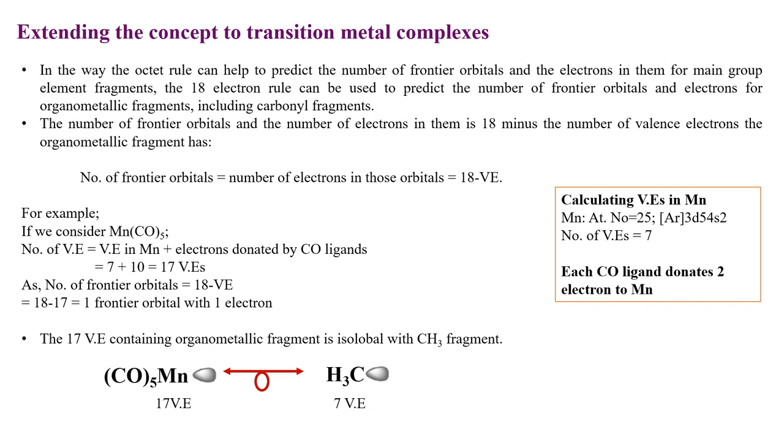So as I told you before, following this equation, the number of frontier orbitals will be 18 minus valence electrons. So I get one frontier orbital with 1 electron. When I get the value 1, it means there is one frontier orbital with 1 valence electron. Remember, Mn(CO)5 is not a monomer, it is a dimer. It exists as Mn2(CO)10, so initially Mn(CO)5 doesn't exist.